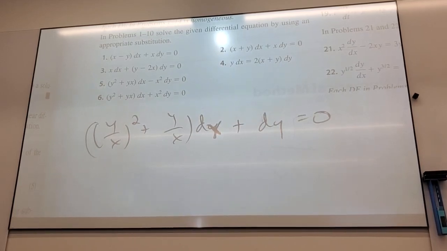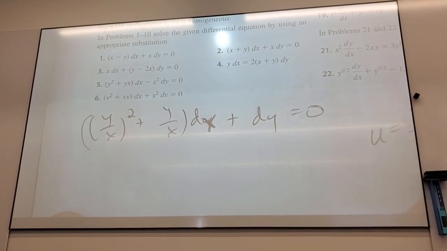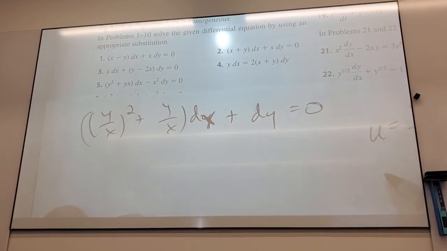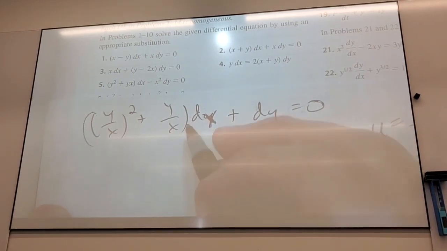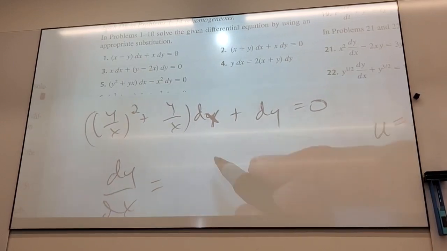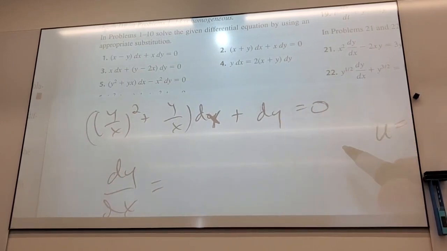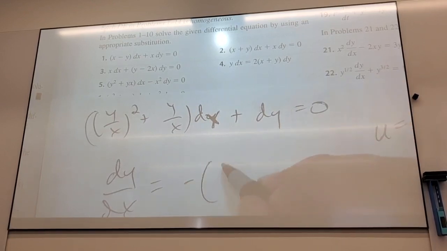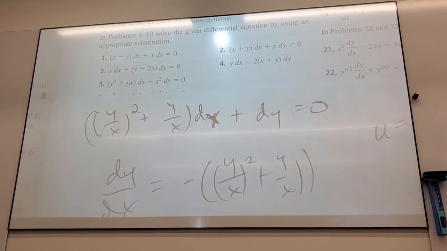Now let's see, real quick. If I let u equal y over x, in fact, what you can do for yourself, let me see. Do you all agree I could write this like this? I have to make it negative. Is that cool?